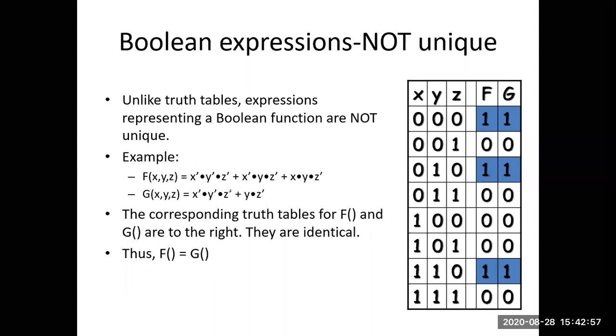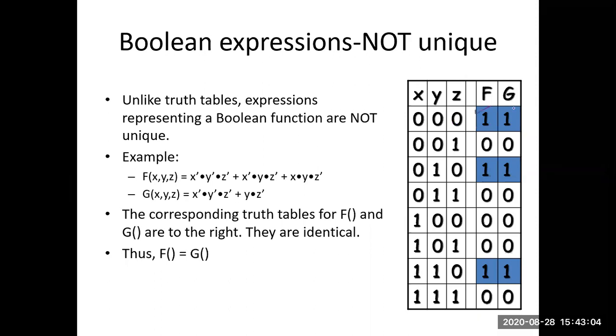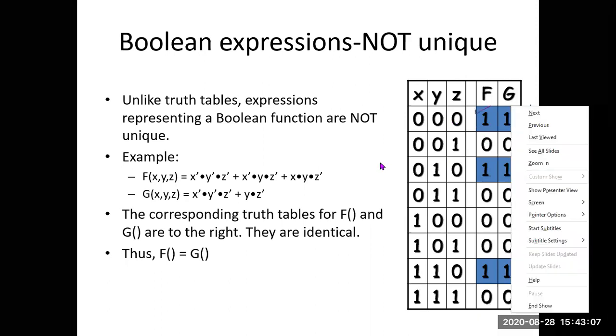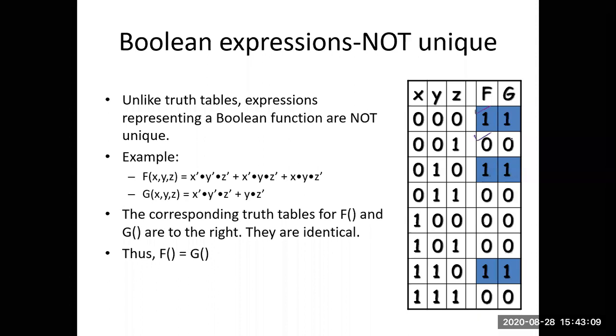But if I write the truth table of f and g, then for 0, 0, 0, it's 1 in f and 1 in g. For 0, 0, 1, it's 0 here, 0 here. For 0, 1, 0, it's 1, 1. So you can check that all the values of f for its corresponding combination of x, y, z are equal to all the values of g for the same combinations of x, y, and z.